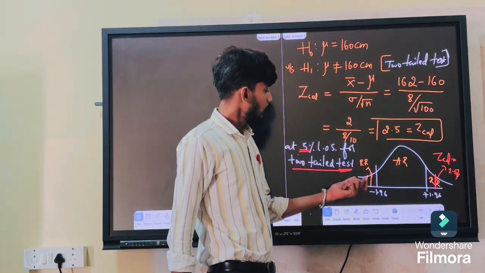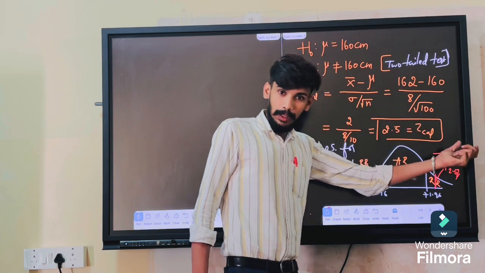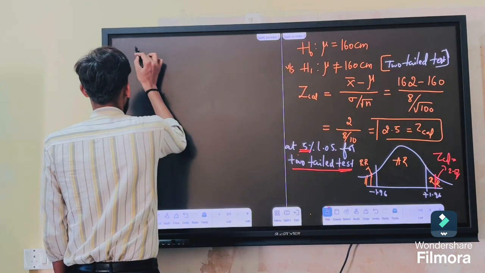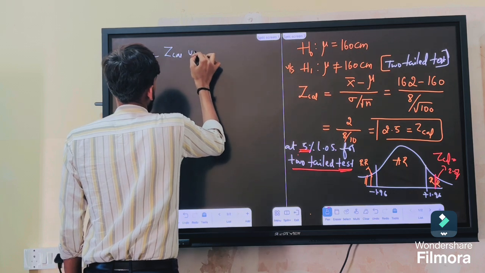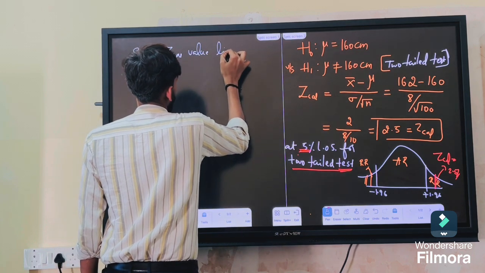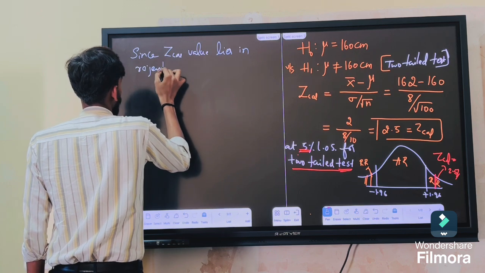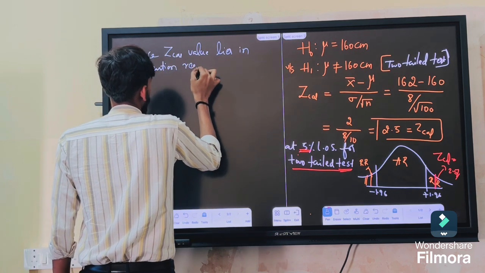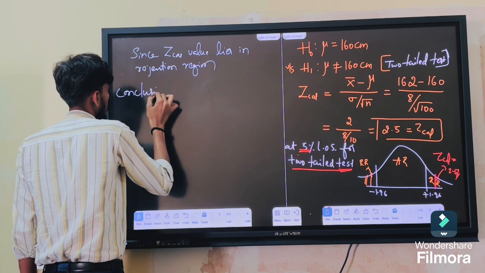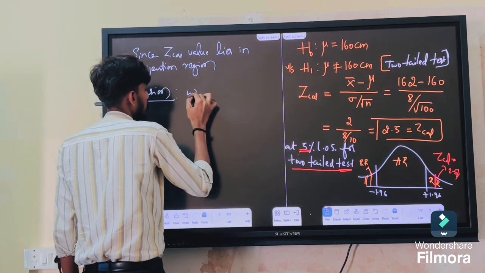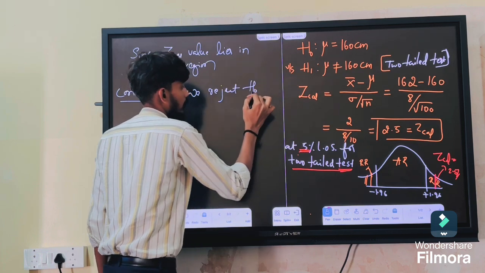From this what we can conclude: since the Z calculated value lies in the rejection region, what can you write as the conclusion? Reject H naught.